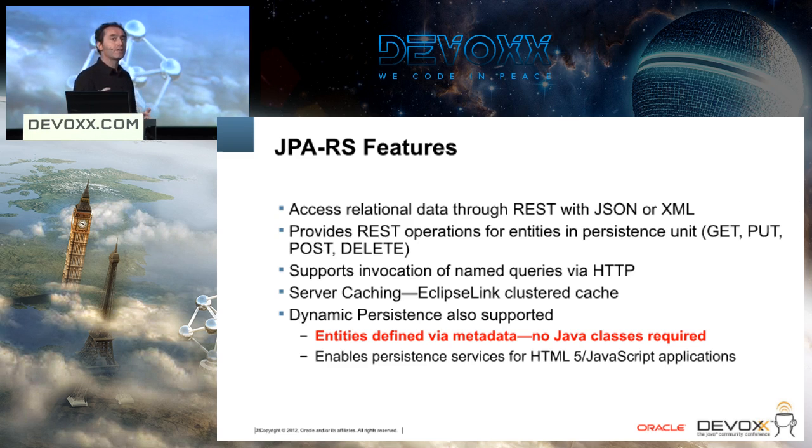I should say that a lot of this work is coming out of Avatar. Have you heard of Avatar? It was announced last year at JavaOne, and it's really an initiative to come up with a better way of programming with HTML5 and Java, right? How do these things fit together? And so the work we're doing here was really driven by, this is the part that we understand, right? If we're going to build HTML5 applications and we're the database guys, this is the stuff that we know how to do.